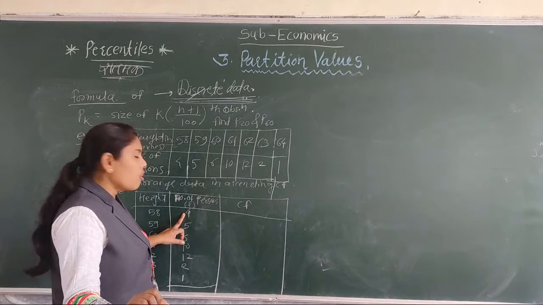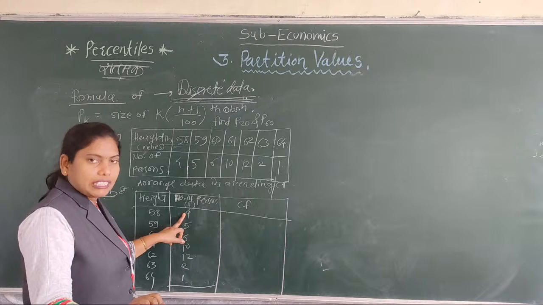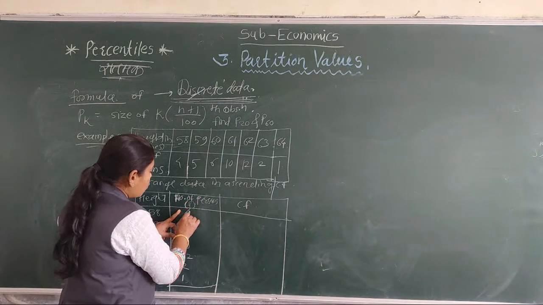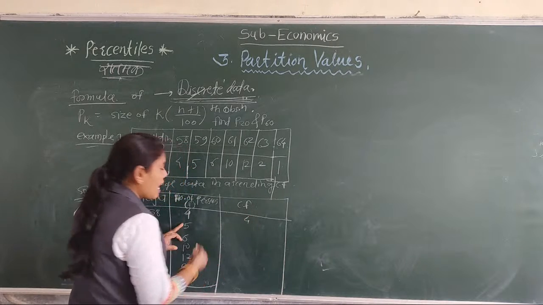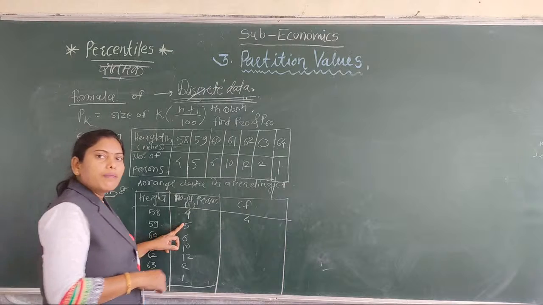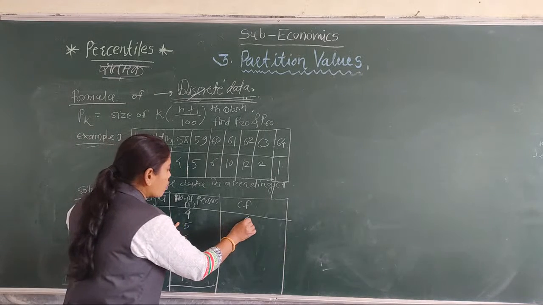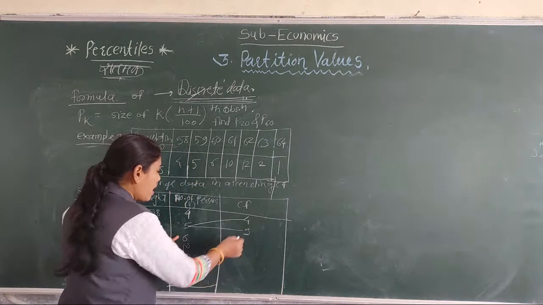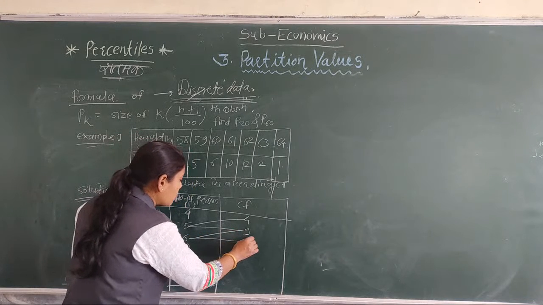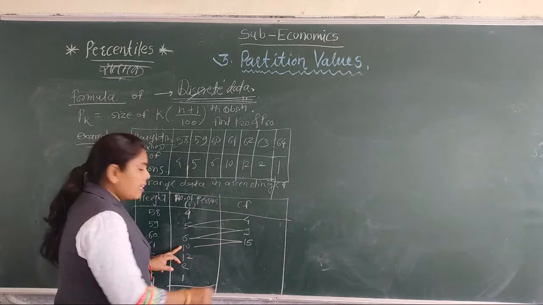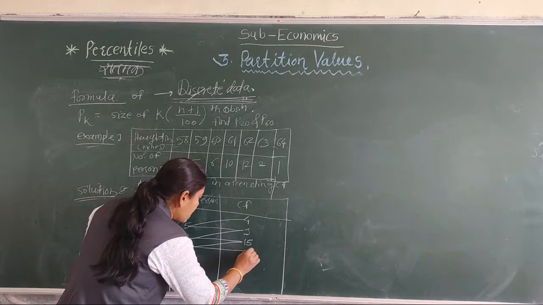Okay. The first number of the frequency, which is 4, write down as it is. And then add the next frequency to it: 4 plus 5 is equal to 9. 9 plus 6 is equal to 15. 15 plus 10 is equal to 25.